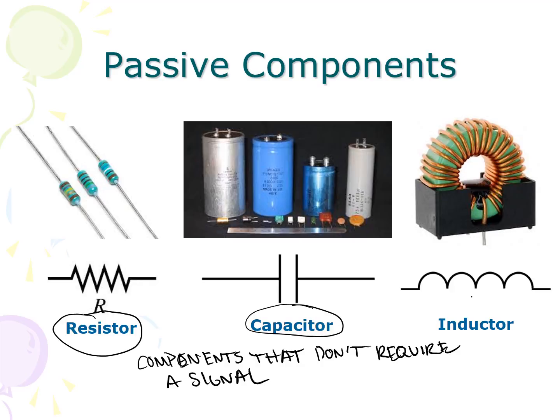So you can control how much energy you want moving around using a capacitor. If you want to store some energy or release some energy, that's what a capacitor does, and you can control it using whatever circuit design that you have.